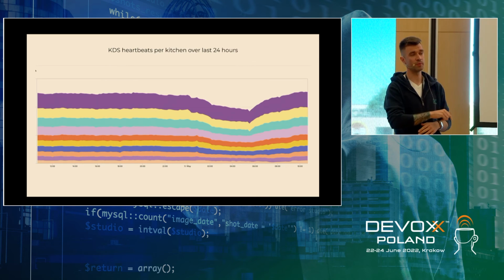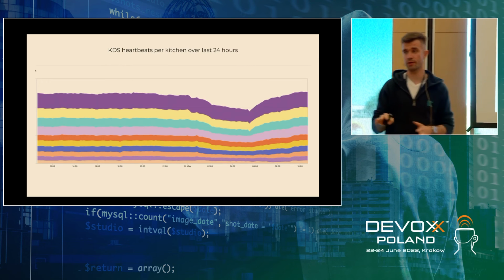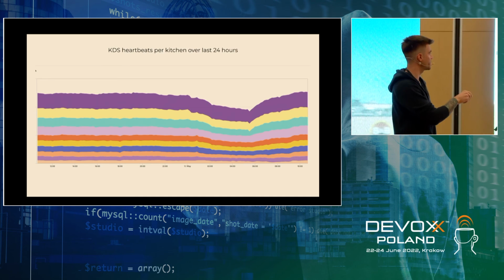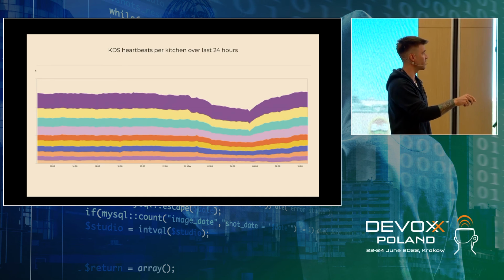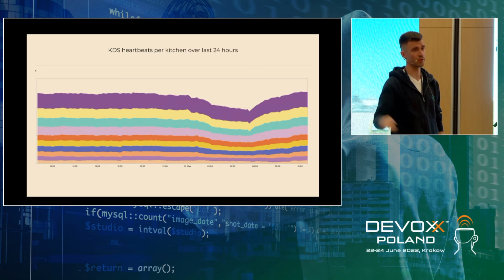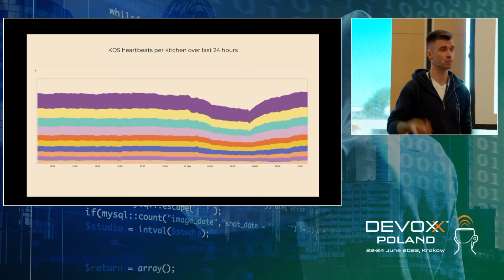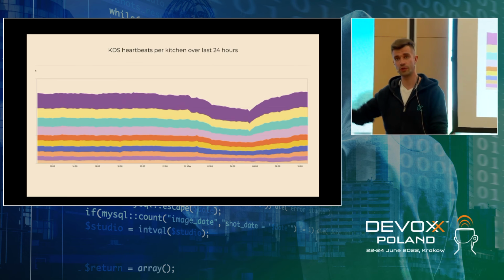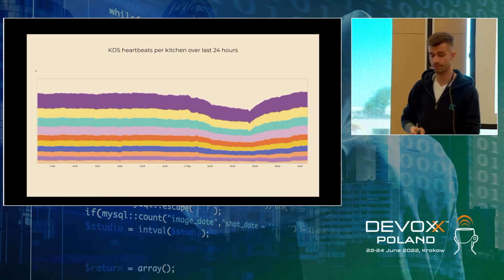So for night, maybe some stations will be off, or maybe the whole kitchen is off. In this case, this is one kitchen, right? So we have like 200 heartbeats per minute. For night, for most of the places, it's less. But as you can see, some kitchens are pretty much constant and they work 24/7, right? So for us, it's normal that we would have constant heartbeats. If we don't, then maybe we have a problem.